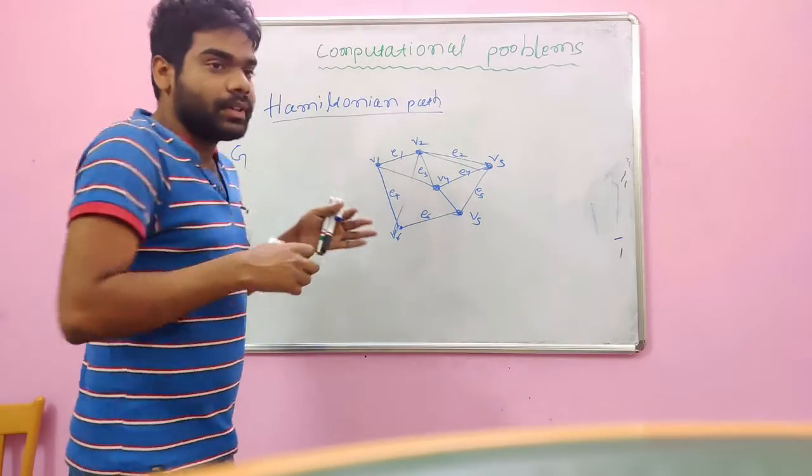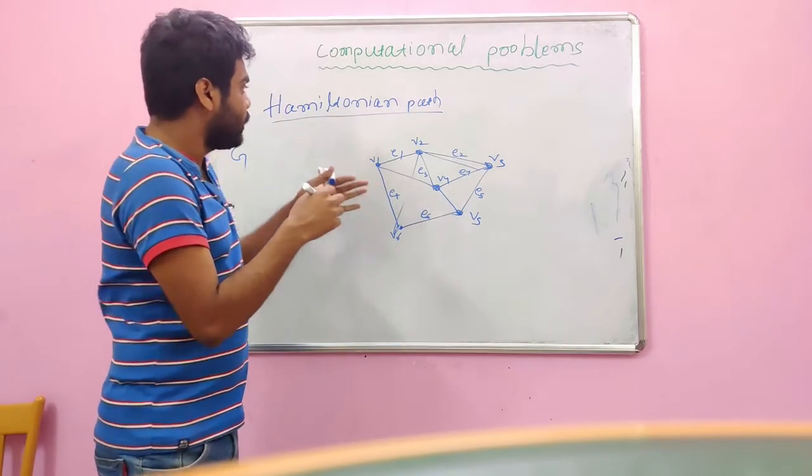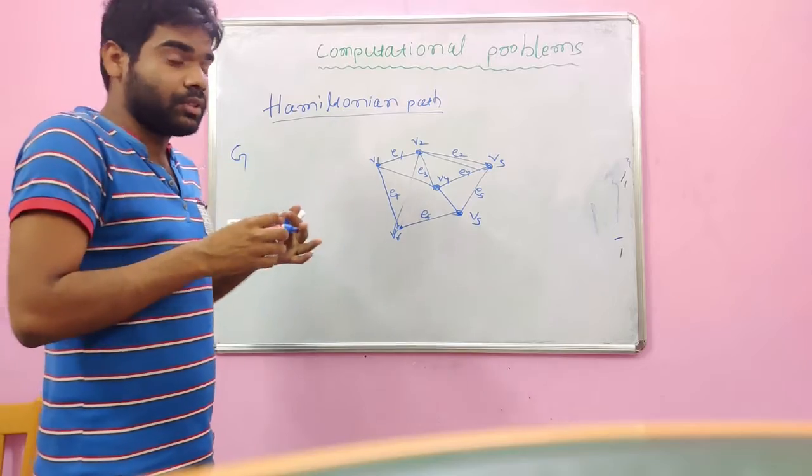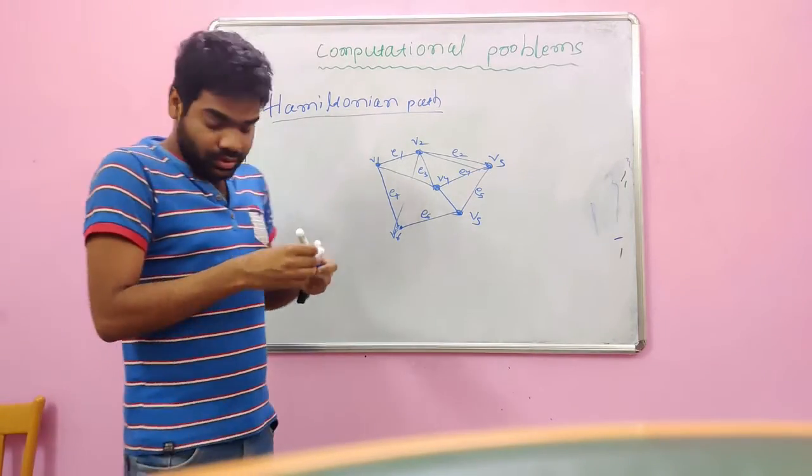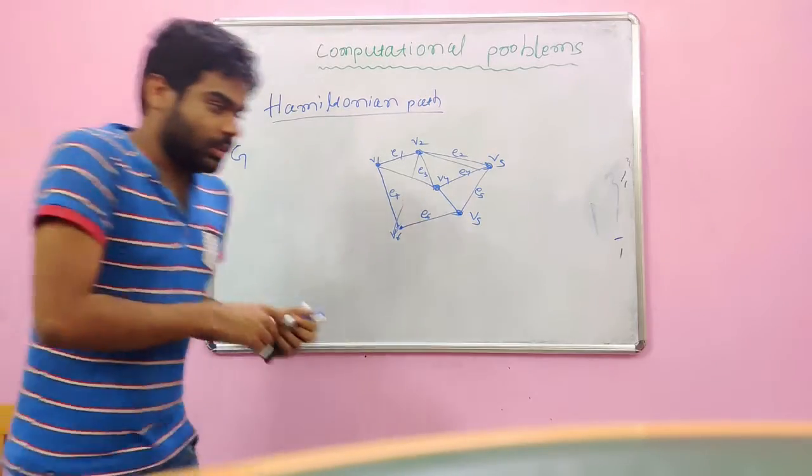So I'll be giving some examples of how graph theory contributes to computational problems. My first example is a Hamiltonian path. So what is a Hamiltonian path?